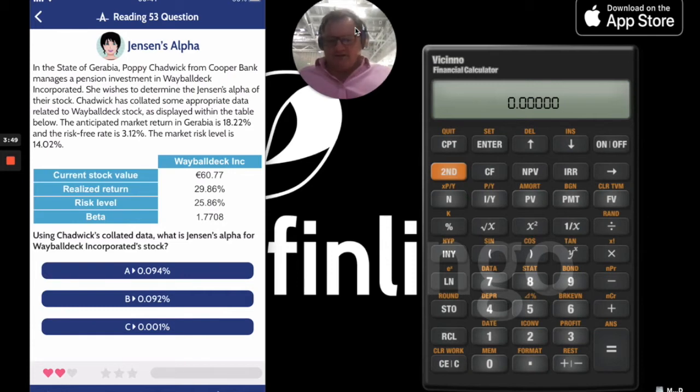The expected return is going to be the anticipated market return in Garabia, 18.22, and take away the risk-free rate, which is 3.12. We need to multiply that by a very high beta.